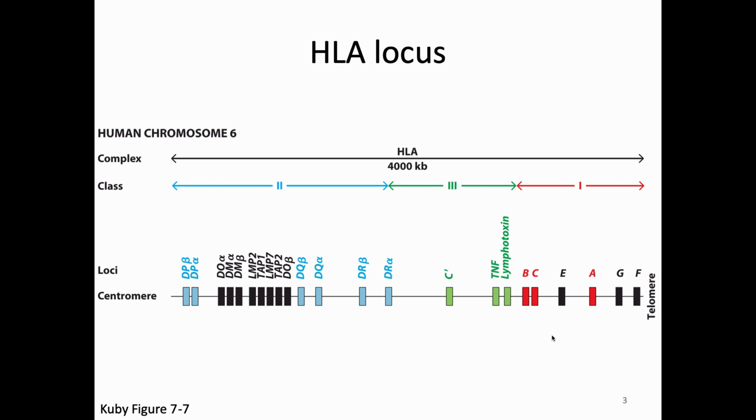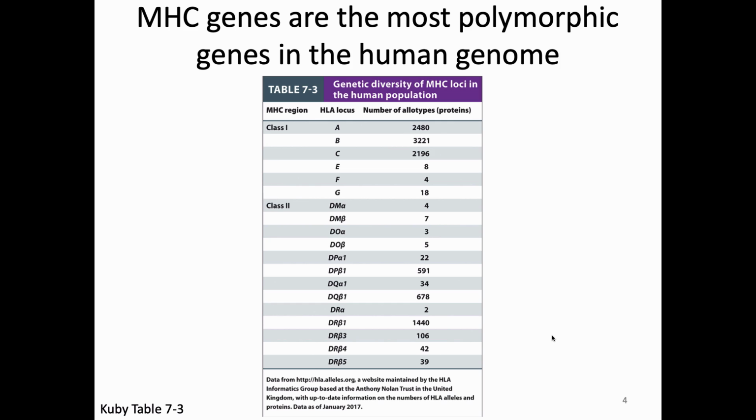Okay, so the one thing I do want to mention about the nomenclature, and this is really only one small piece of the nomenclature, is that I've mentioned to you previously that the MHC genes, when we're talking about human, we're specifically talking about the HLA genes. The HLA genes are the most polymorphic genes in the human genome.